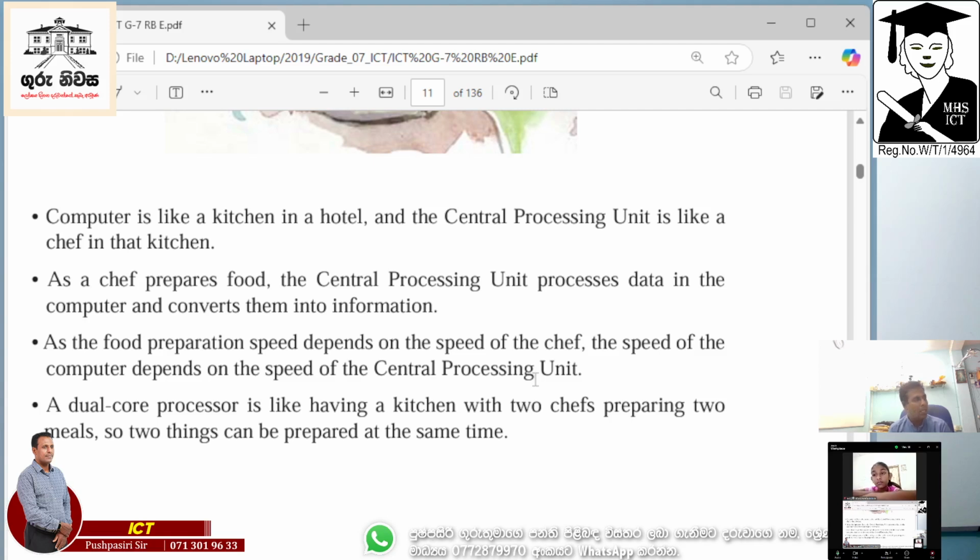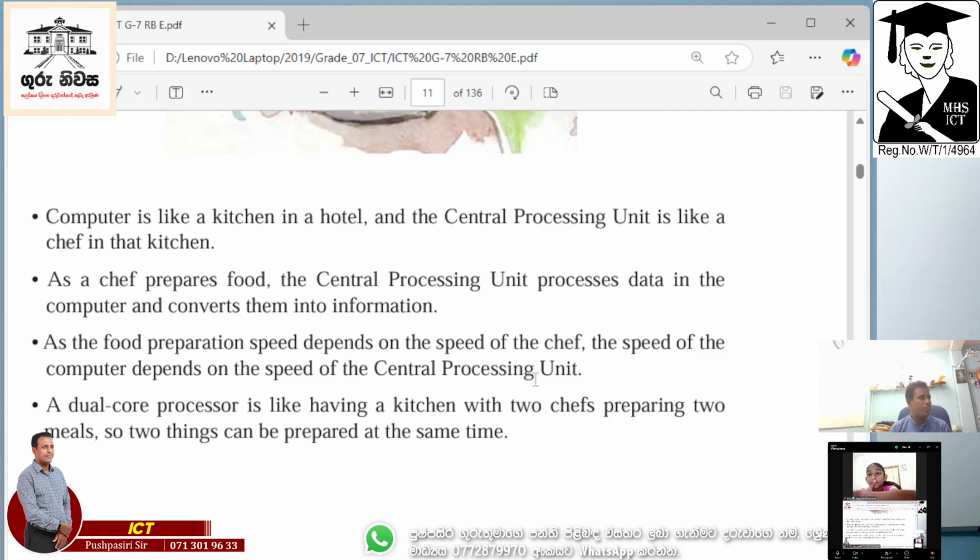The same way, the speed of the computer depends on the speed of the central processing unit. If the processor is very fast, then the computer is very fast. If the processor is very slow, the computer is very slow.